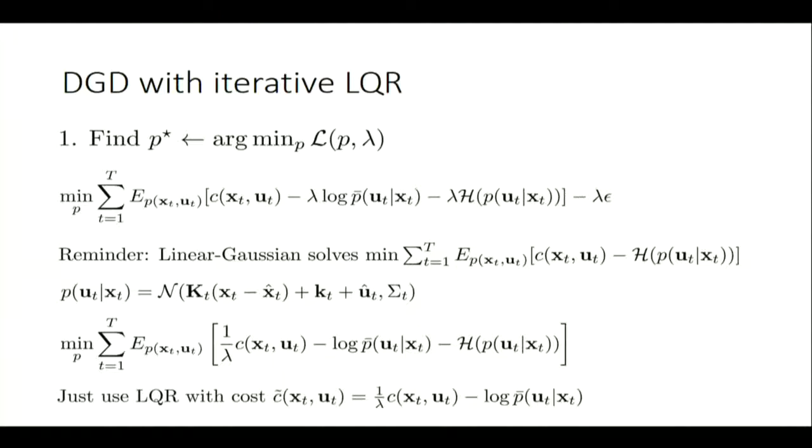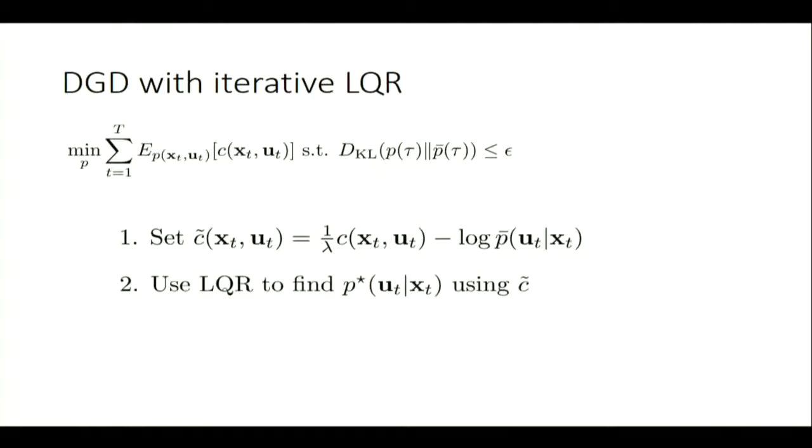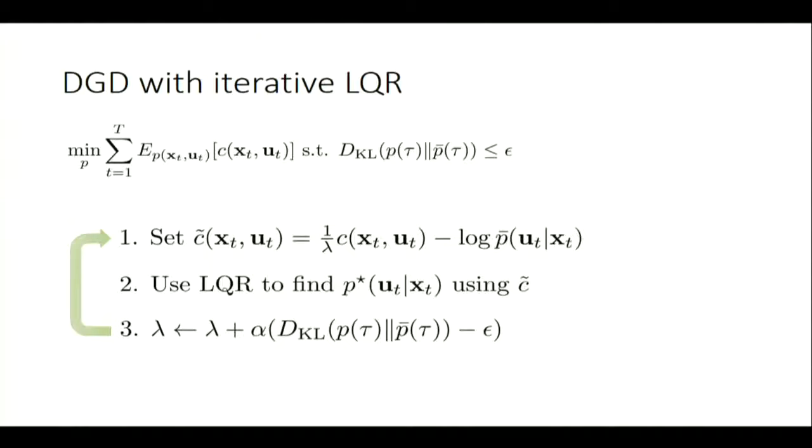So now we're just going to use LQR, but with a different cost function. The cost function is going to be 1 over lambda times the old cost minus log p bar. If we take this as our cost, that just substitutes in here, and we see that the regular LQR algorithm just yields us a solution. So we're just going to do this to find the p star, and then use gradient descent. We set our cost to be the surrogate cost, use LQR to find p star, increment lambda according to some step size times the constraint violation, and then repeat.